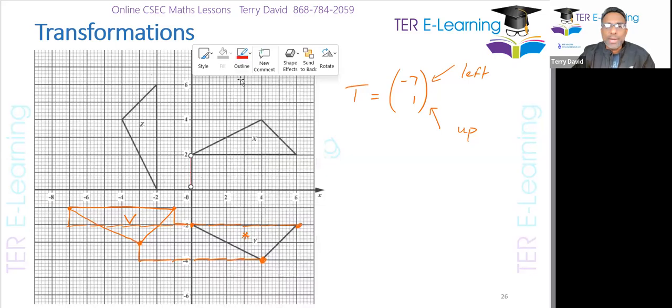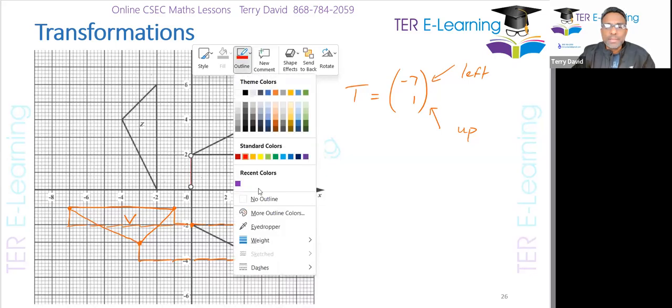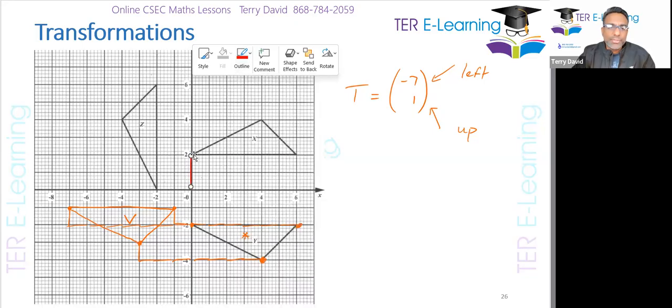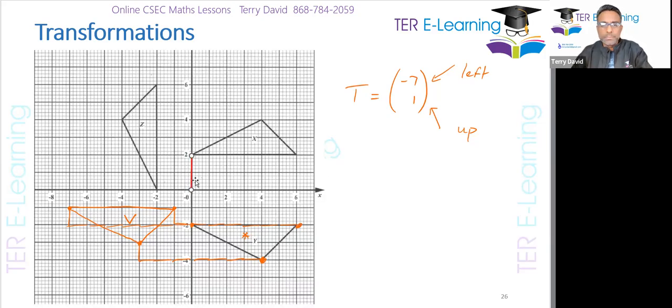So what I would have to do is take my ruler and join these 2 points. So this is one projection line here. Then I'm going to draw a second one.